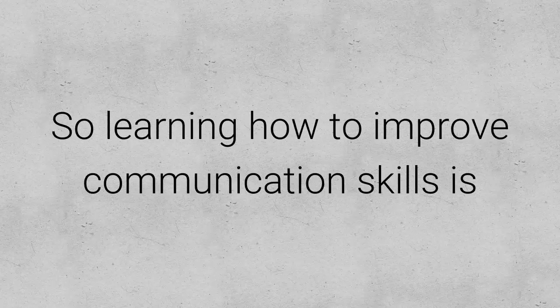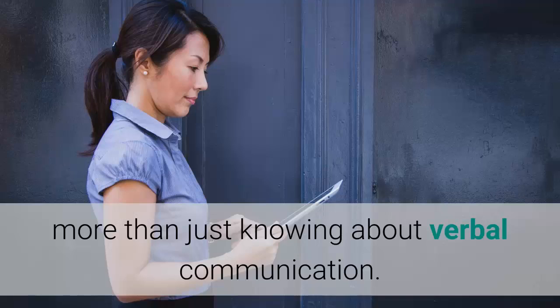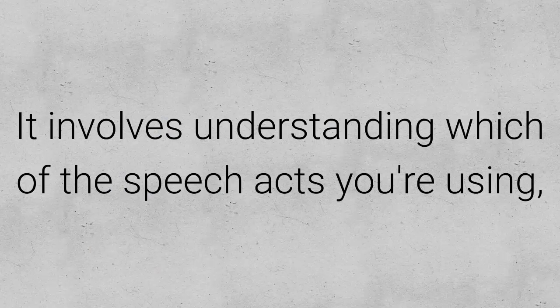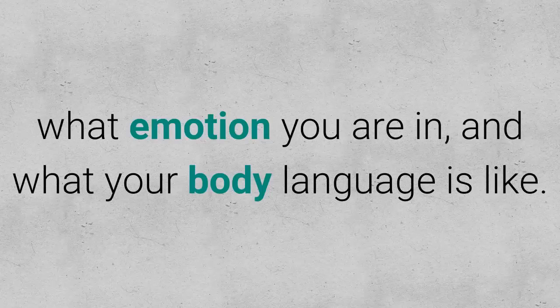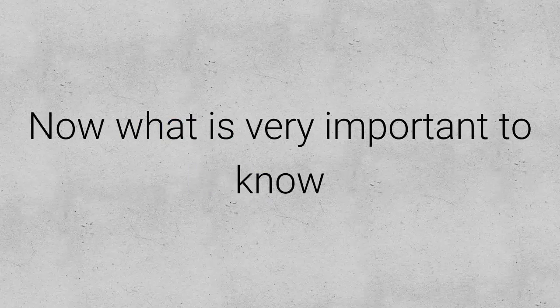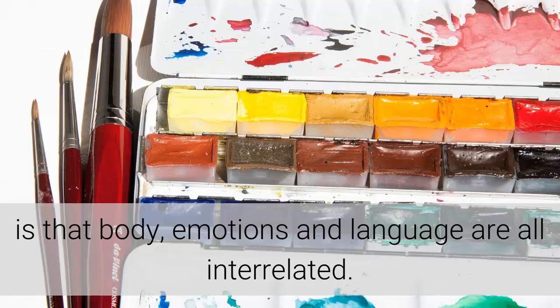So, learning how to improve communication skills is more than just knowing about verbal communication. It involves understanding which of the speech acts you're using, what emotion you're in, and what your body language is like. Now, what is very important to know is that body, emotions, and language are all interrelated.